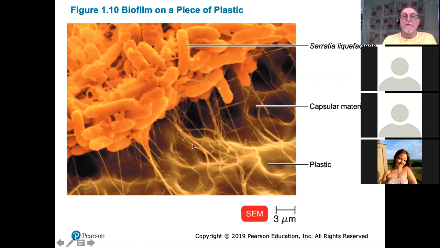This is all capsule material and fimbriae and things which are tying the bacteria on the bottom to the surface, and then other bacteria are growing together with them to form this thick film. So this is a good example, because Serratia occurs naturally on our skin and everything, but it's particularly favored by this kind of artificial situation.